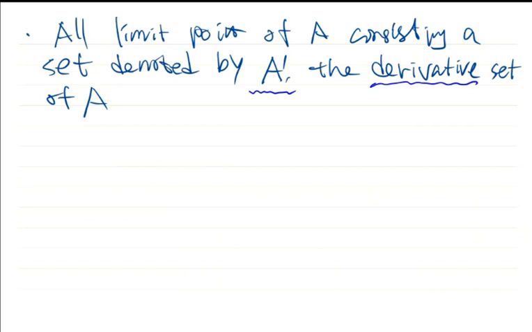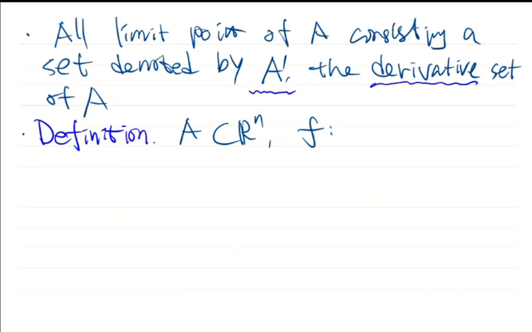Now, having defined the limit point of a set, we can define the limit of multivariable functions. So this is a definition. Suppose A is a subset of Rn, and f is a function defined on A taking value from another Euclidean space Rm.